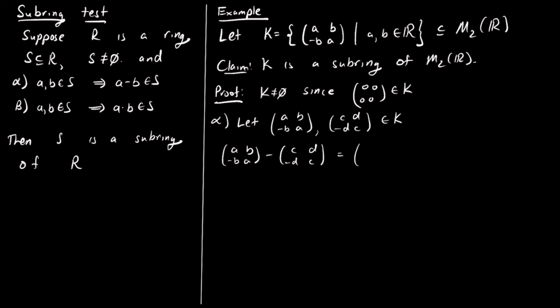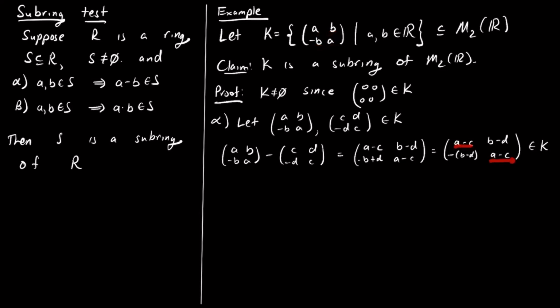I end up with A minus C, B minus D, minus B plus D, and A minus C. Let's rewrite this a little bit more so it looks like an element of K: A minus C, B minus D, minus B minus D, and A minus C. And we see this fits the form of an element of K. Namely, the diagonal entries have to be equal and the other two entries have to be negatives of one another.